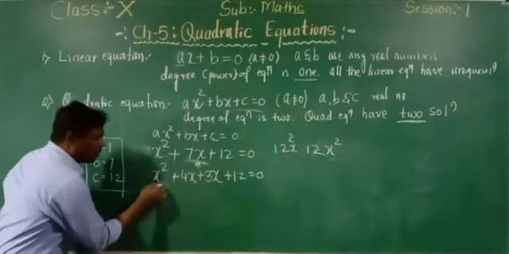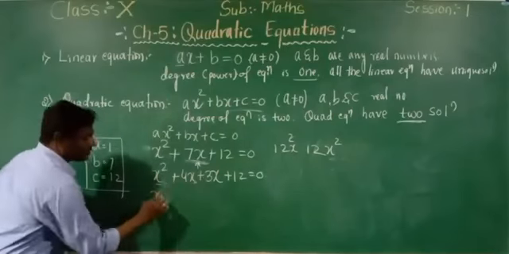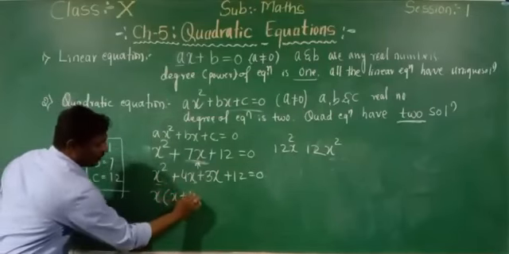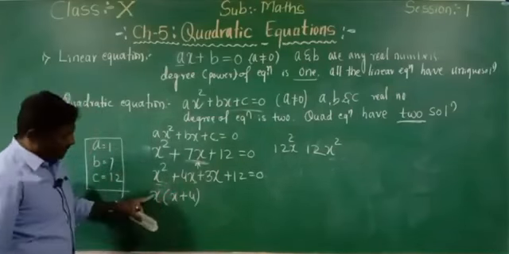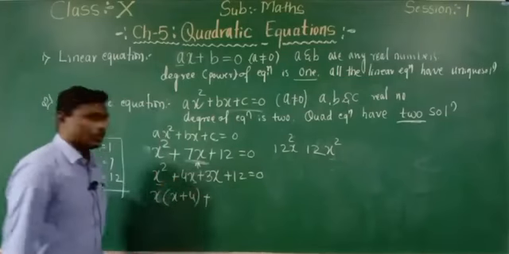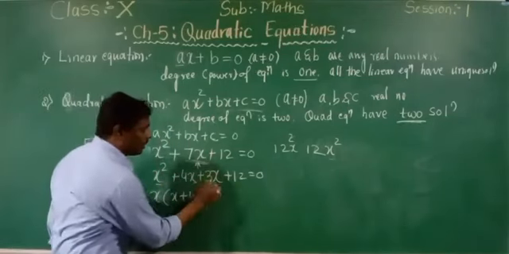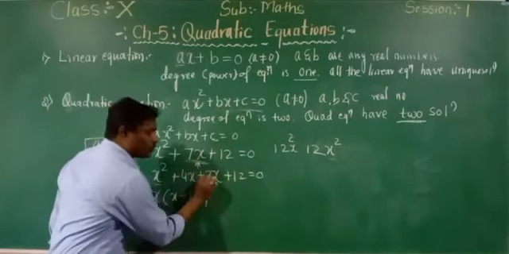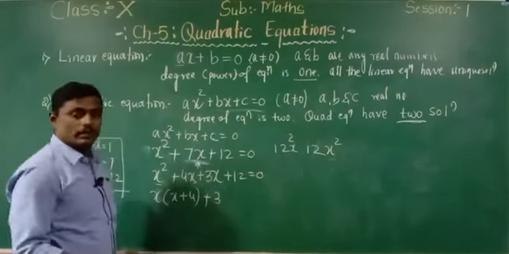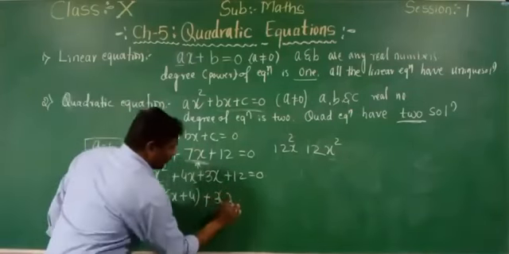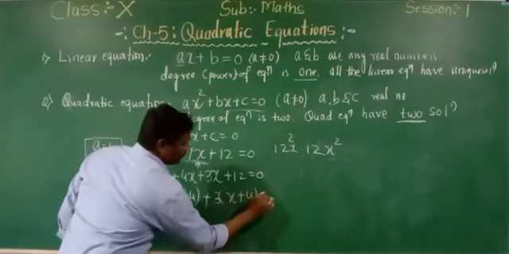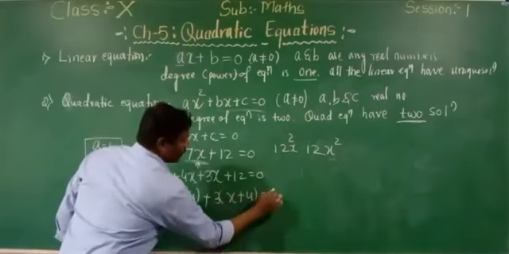So x into x, x square, x into 4, 4x. In the last two terms, 3x plus 12, these are multiples of 3, so we take 3 as common, and the remaining is x plus 4, is equal to 0.